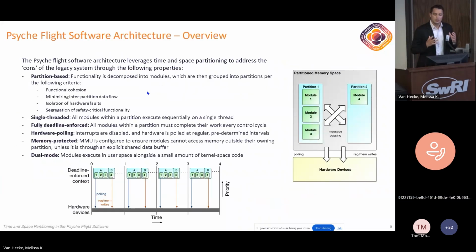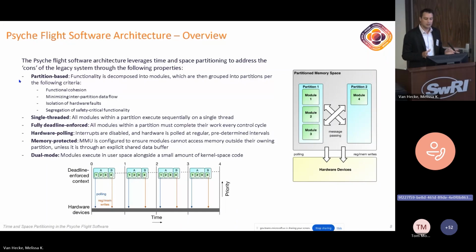Okay, so on Psyche, we took these time and space partitioning principles, and we used them to construct a software architecture that addresses the cons in our legacy software system. And we did it by implementing the following architectural properties. So on Psyche, we're not module-based. Now we consider ourselves partition-based.